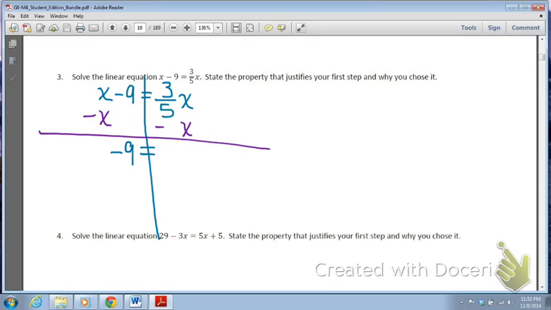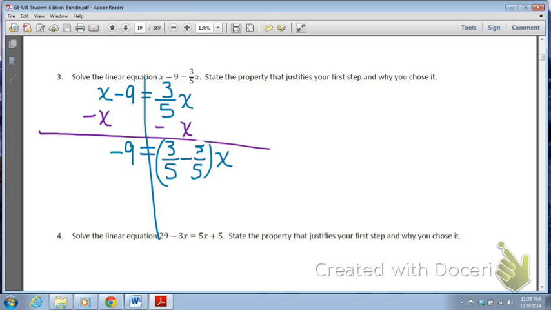I want 3/5 minus 1x, minus 1 times x on this side. But I could rewrite my 1 as 5/5. So I've got 3/5 minus 5/5 x.